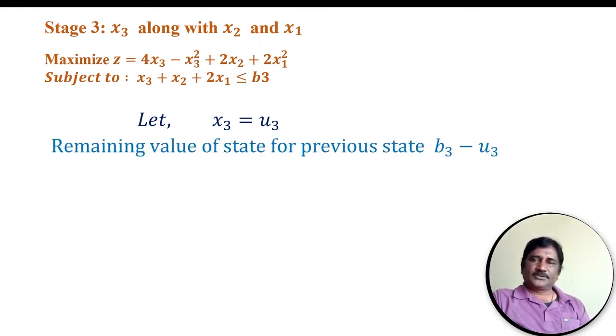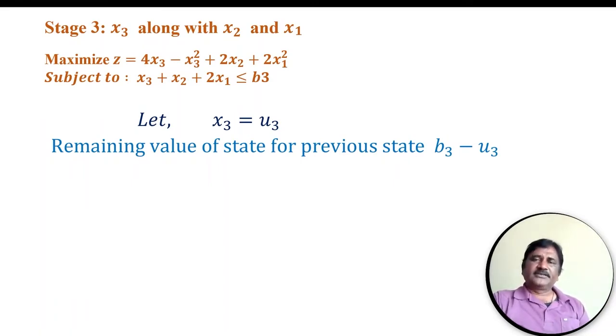So the remaining value of state for the previous stage, it should be the previous stage. You understand, in place of this small t you write g, previous stage b3 minus u3, right?